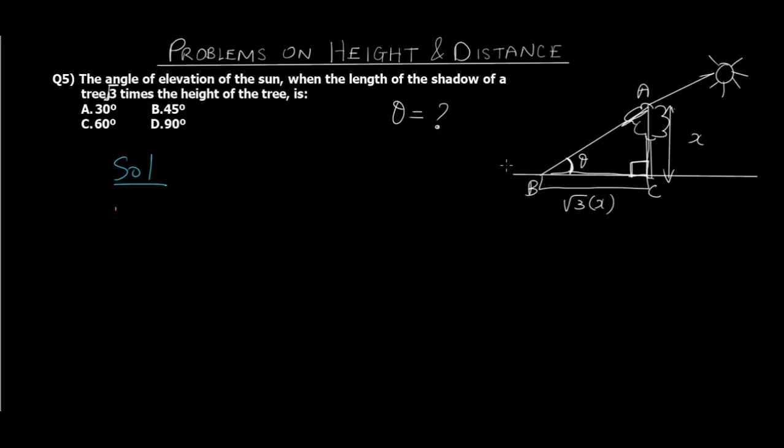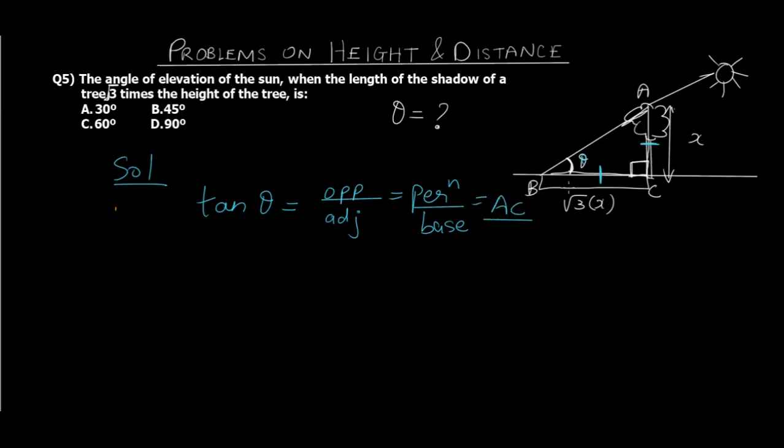Now again, in this question also we have to use a trigonometric value, but we need to find out which value to be used. So we need to use a trigonometric value which has these two sides, because we have some data related to these two sides. So we know tan theta is equal to opposite upon adjacent, which is also equal to perpendicular upon base. And in this case, since this is the theta angle we are talking about, the opposite side is going to be AC, and the base is going to be BC.